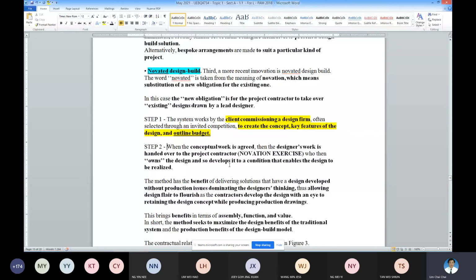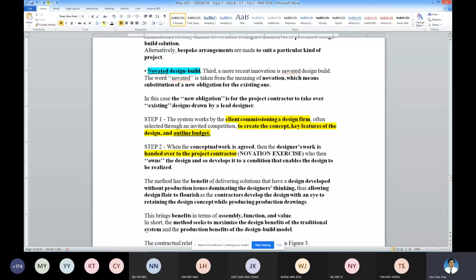The contractor is asked to take over this design and then do the construction. And the designer engaged by the client will be parked under the contractor. This is called novation. So in novation, there are two steps. First of all, the client takes the design team and asks them to design to create a budget. Then the client knows a certain budget already. Then call the contractor in: you take over this design plus the consultants doing the design, and then do the construction or develop the design further. This is novation.